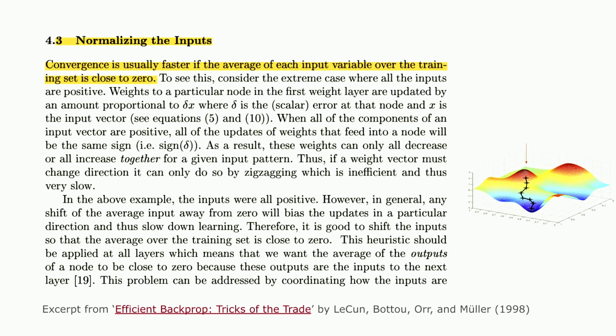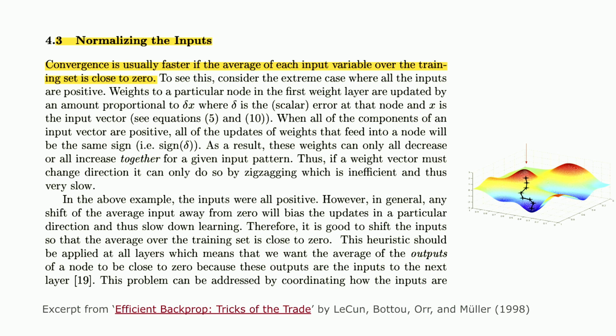This is something that allows us to avoid some inefficient zigzag patterns when we update the weights, when we do stochastic gradient descent, that would happen when all of the inputs are positive. This problem would compound through layers, and this would make training unstable.